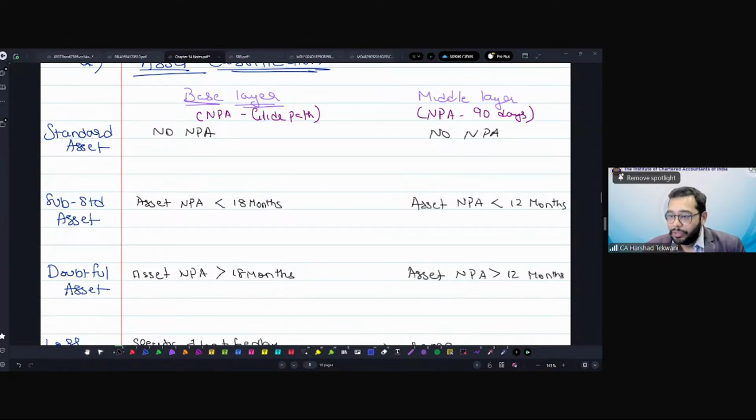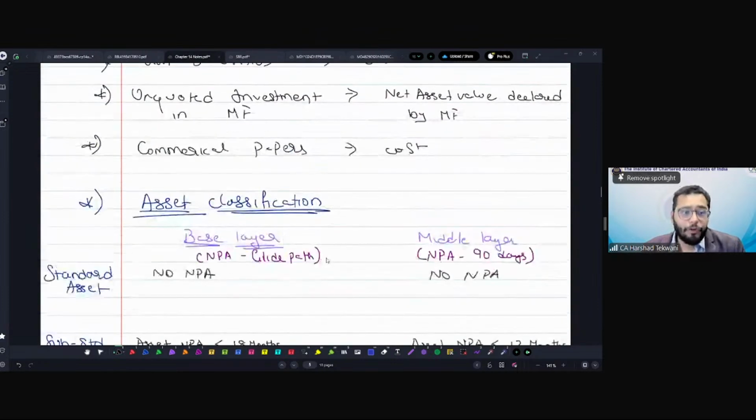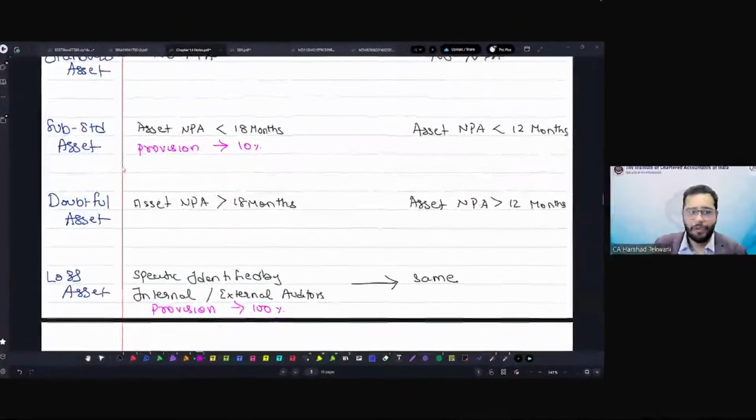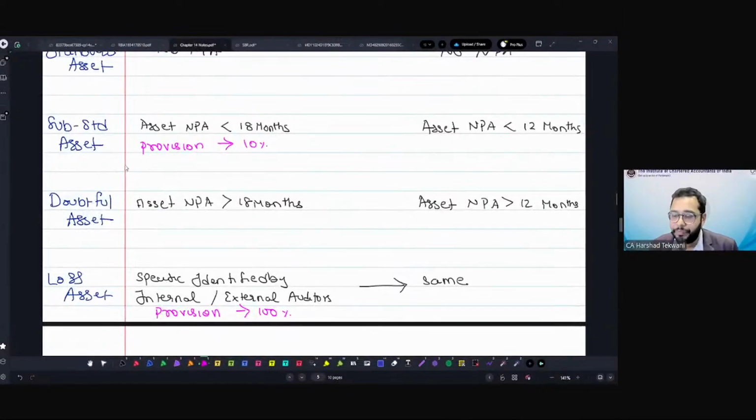Now you might have a question why we are doing this kind of classification. What is the need for this classification? Why do we have to do this? The reason is that there is a provision requirement. Once you do the asset classification, then comes the provisioning, the provision on the asset. On the standard asset, you take a general 10% provision in total.